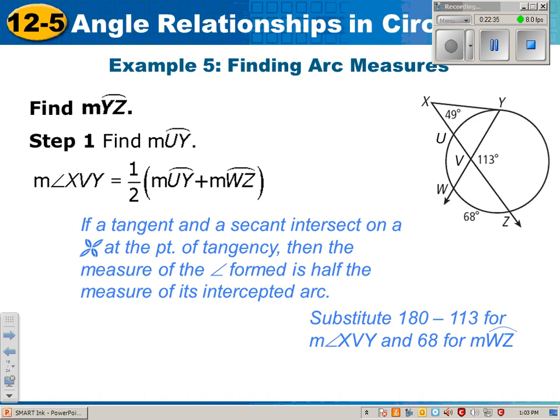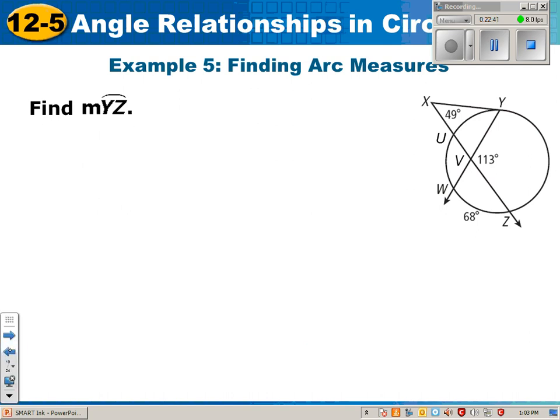Okay, good. Find arc. Oops. I kind of just gave it away. Find arc YZ. Just start filling in anything you can figure out.